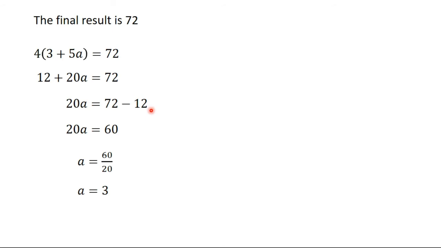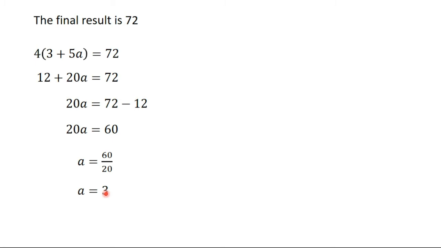The statement says that 3 is added to 5 times a certain number. So we've now found the number to be 3. So 3 is added to 5 times a certain number. 5 times 3 will give us 15. So 3 is added to 15. That will be 18. Now it says that the result is multiplied by 4, which means that you're multiplying 18 by 4.